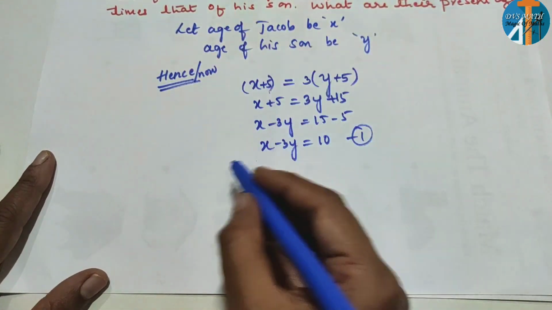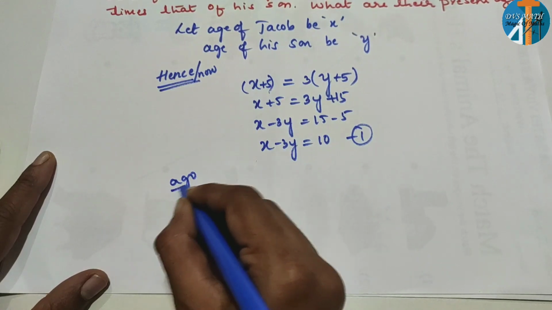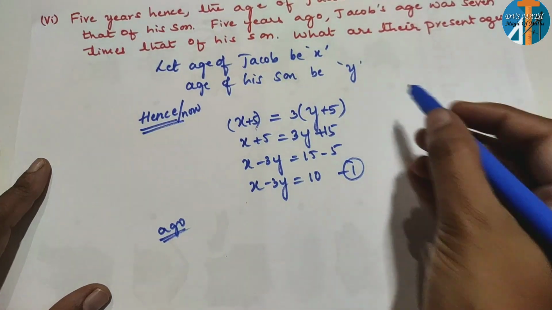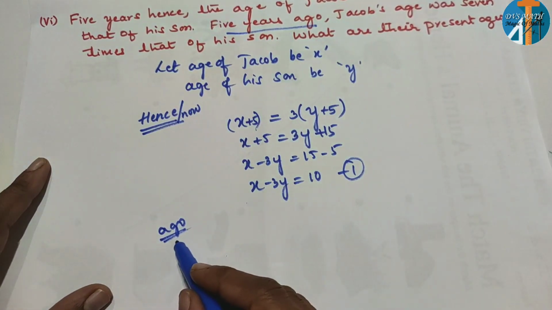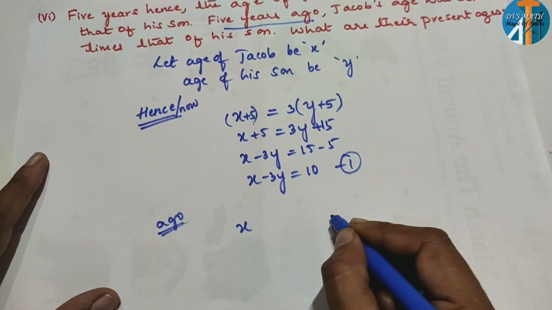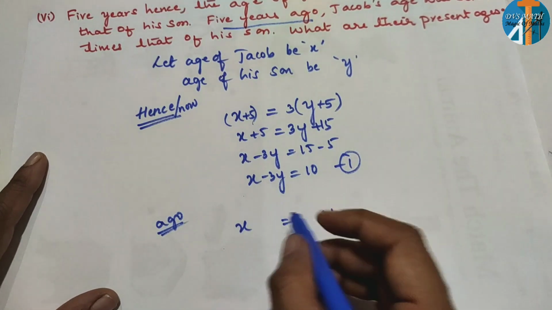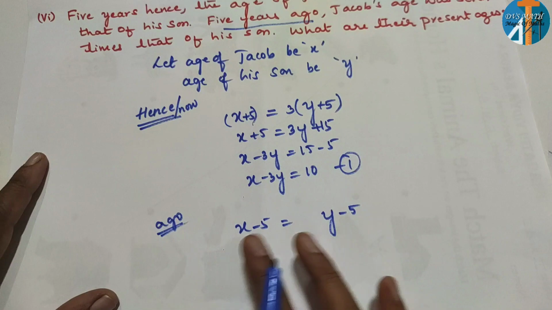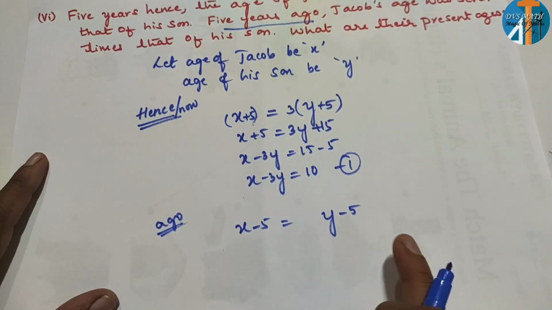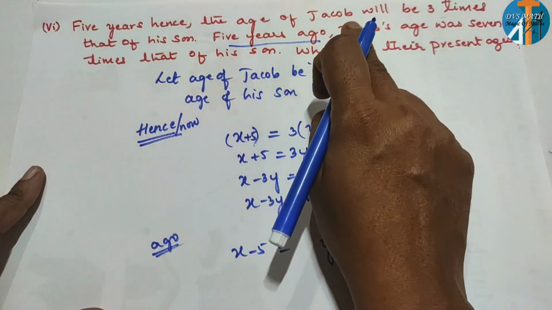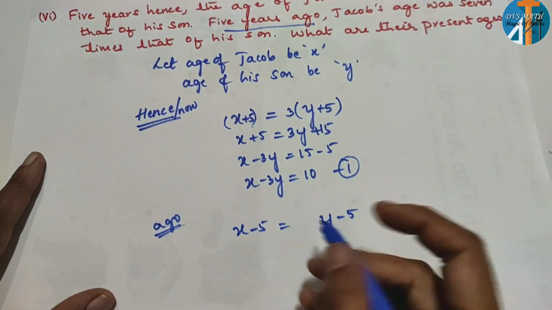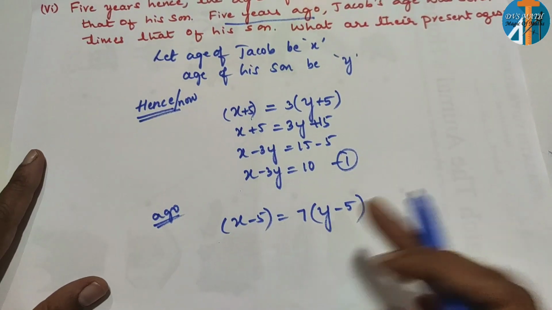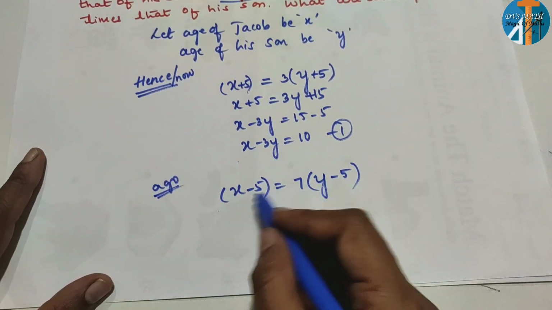Again, the next term is 5 years ago. Ago means minus 5, for both x and y. You have to take it for both father's age and son's age. Jacob's age was 7 times his son's age.